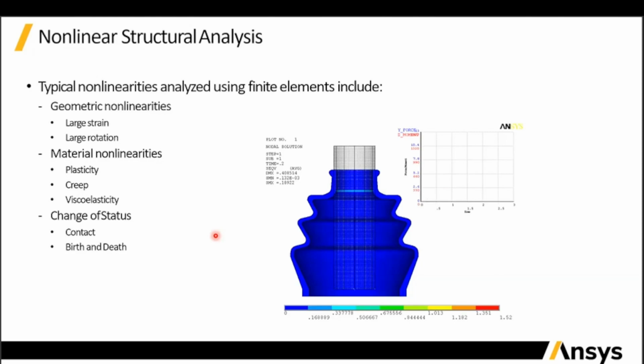So whenever the surfaces in contact separate from each other due to some application of load, this is called a change of status. That's why the nonlinearity happens in the structure. Another case is element birth and death.